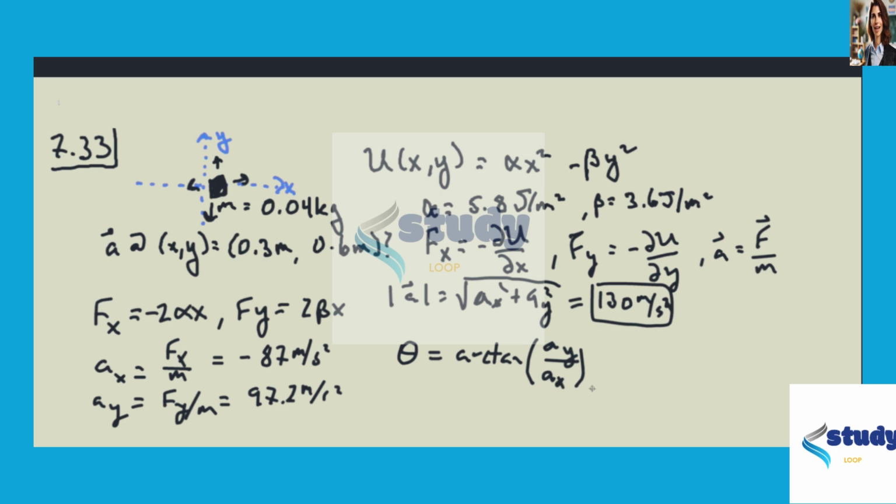And so because x is negative, this ends up being 132 degrees in the normal sort of counterclockwise from the positive x direction.